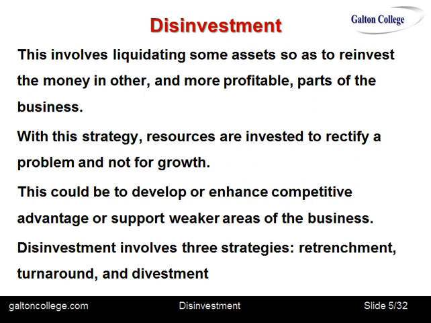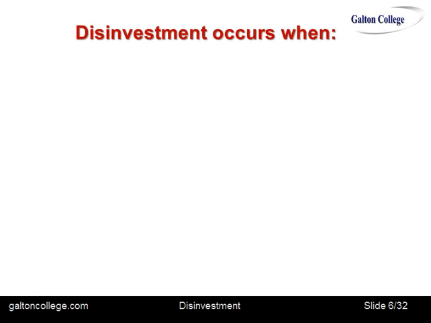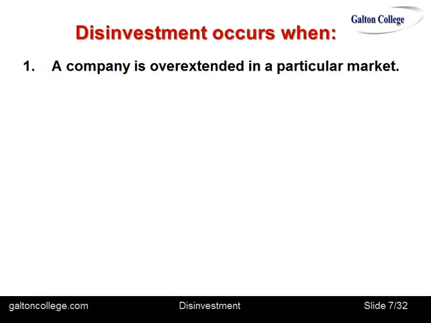Disinvestment involves three strategies: retrenchment, turnaround and divestment. And we'll look at each of these in turn. Starting with disinvestment, it occurs when a company is overextended in a particular market.